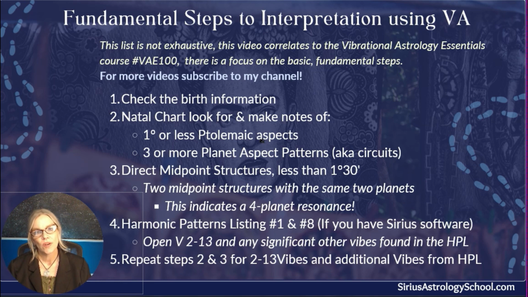I'm not saying that if you have an aspect that's 2 degrees it's not there. It's just not as strong as an aspect that's 1 degree in orb. So you want to look at the smallest orb possible, which is especially important in the natal chart.